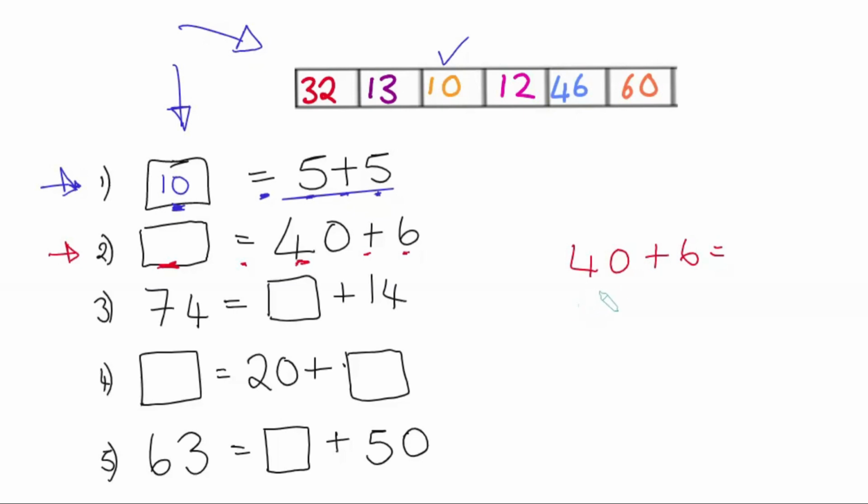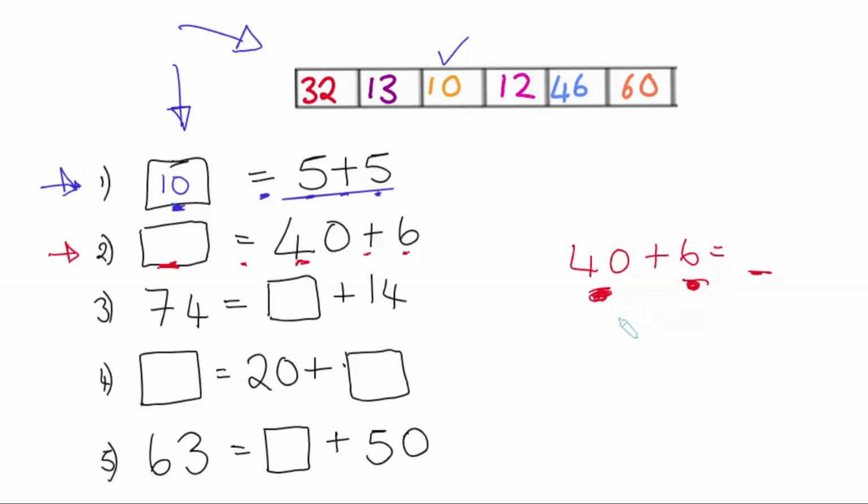All we need to do is add up these two numbers to find our answer, and we're going to use a method of counting on. We're going to pop the big number in our heads and count on 6. You can pop this 6 on your fingers if you wish. So we're going to pop 40 in our heads and count on 6.